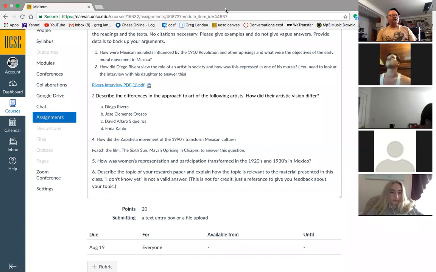How do you distinguish the differences between what they do and their approach to art, right? So I think this one, it's just a matter of giving some details, some examples, and most people get this one right, because it's just based on your own analysis.